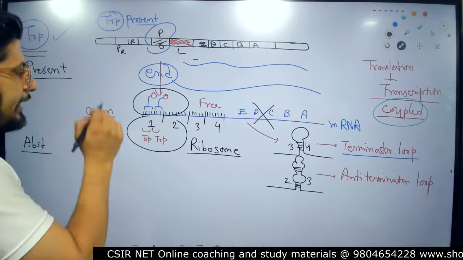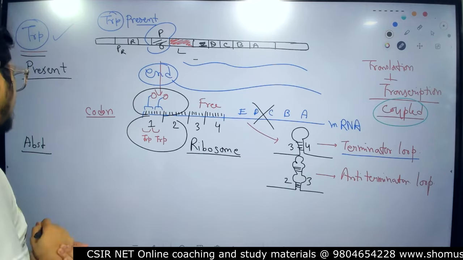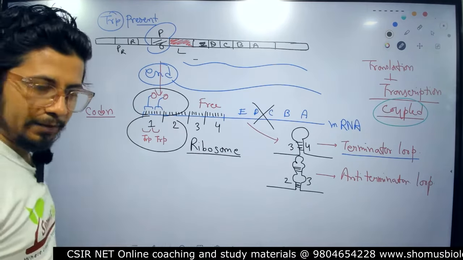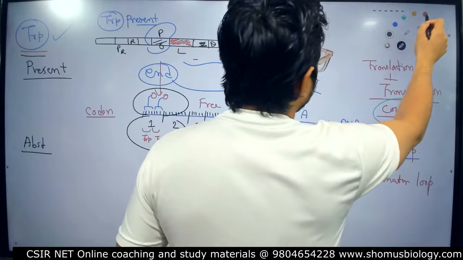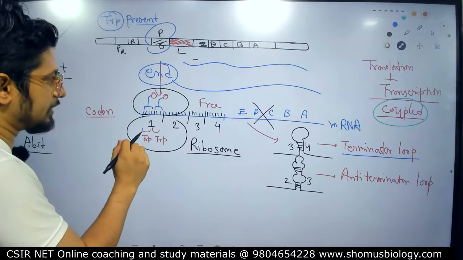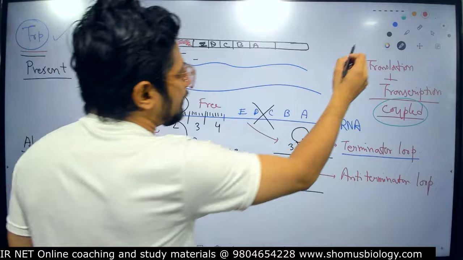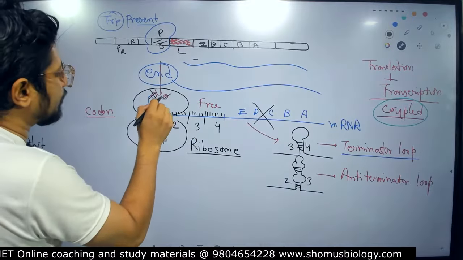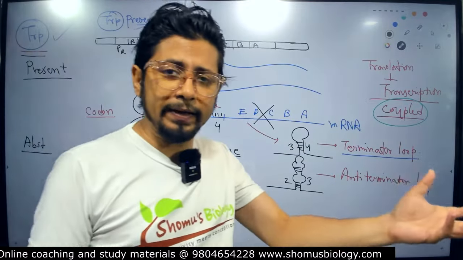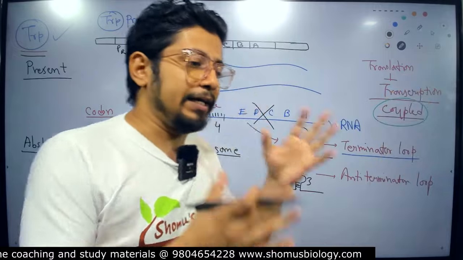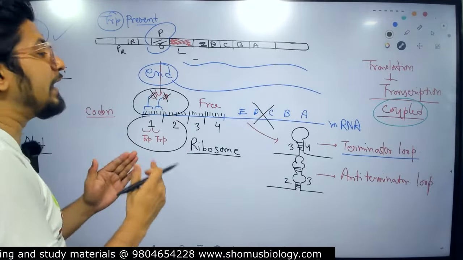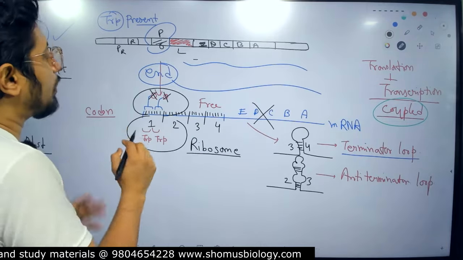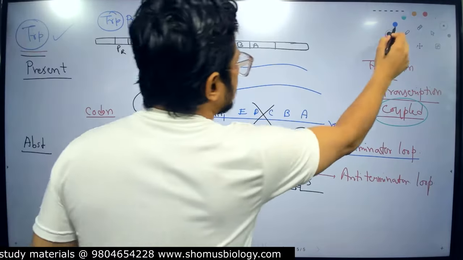The ribosome is also sitting on sequence number 1 in the leader sequence, and as the tryptophan is not present in the environment, the ribosome sits there on sequence number 1, asks for tryptophan, but fails to bind any tryptophan because there is none in the environment. The ribosome covers up sequence number 1 and fails to move from 1 to 2, so now the ribosome only fills sequence number 1.